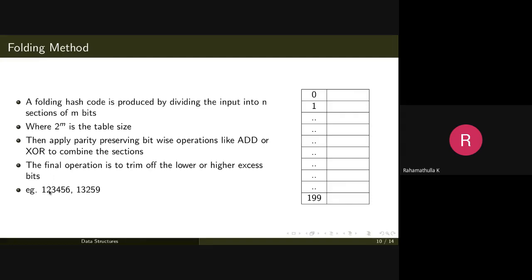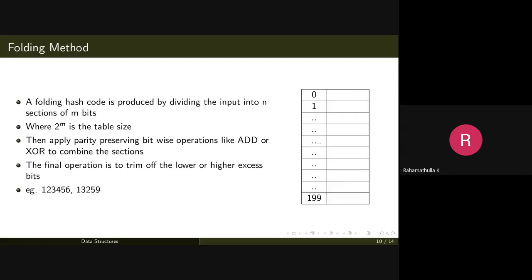Then you try to combine, or fold, these into a single value. You apply some operations like add or XOR to combine these sections. So something like 12 plus 34 plus 56, then you will get some value. The value you obtained is taken as the corresponding index of your hash table.